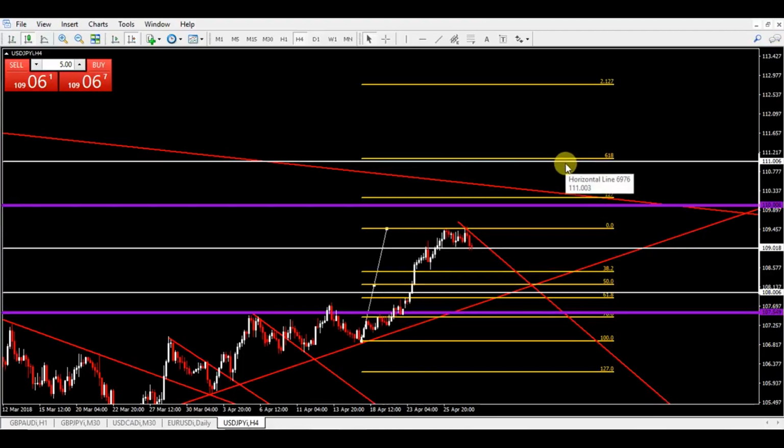But now you've got some extra confluence with the 61.8 extension being hit. That confluence being the whole number of 111.00, which in itself is confluence that you probably didn't previously have, but now you do.